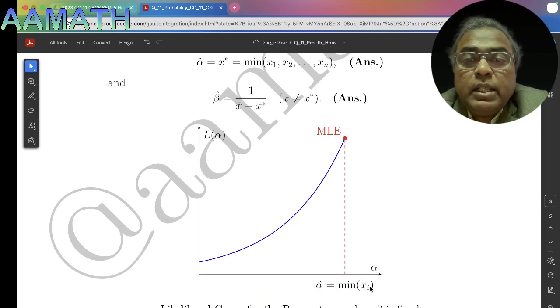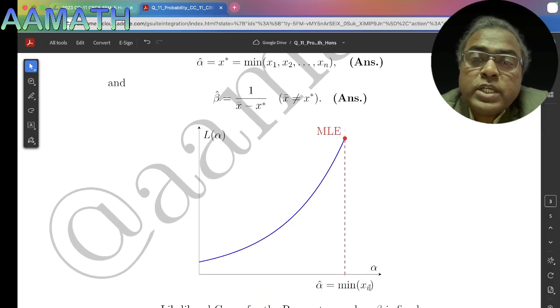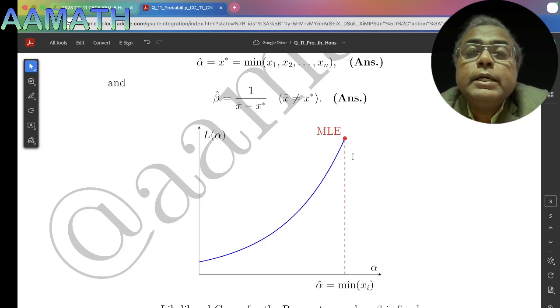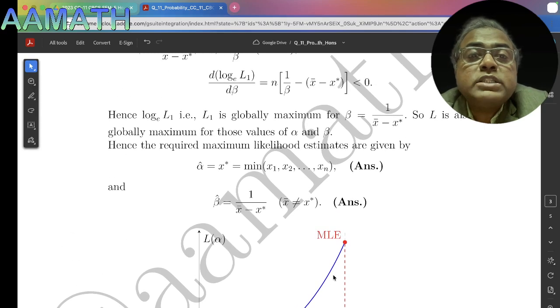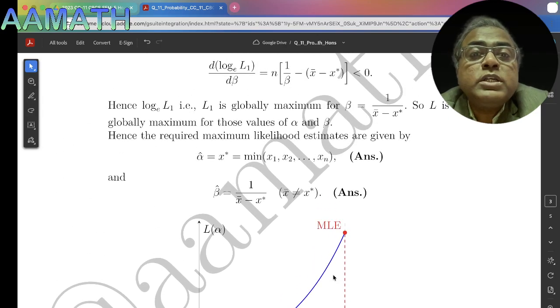This α hat is the maximum likelihood estimate, which is x*, the minimum of all sample values xi, and β hat is this.